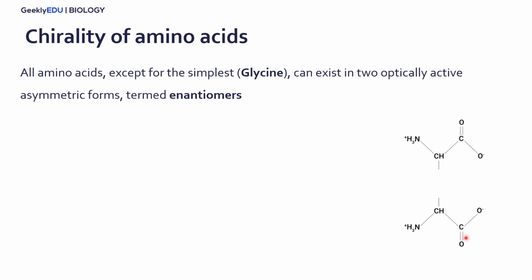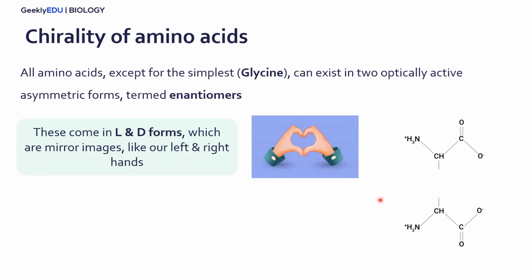And so this different chirality or this different structure of amino acids can come in two forms called the L and the D form. So we would have one which is the L form and then the other which is the D, and they are mirror images of each other.